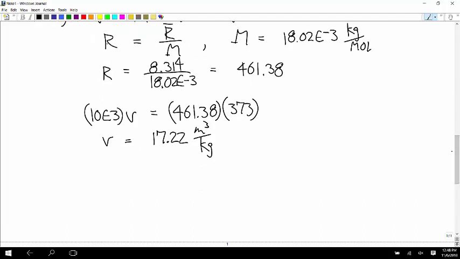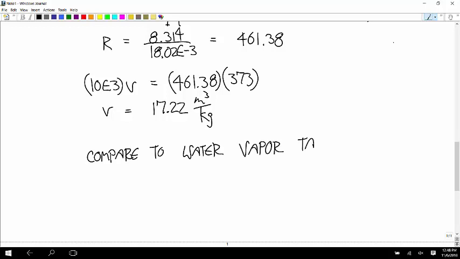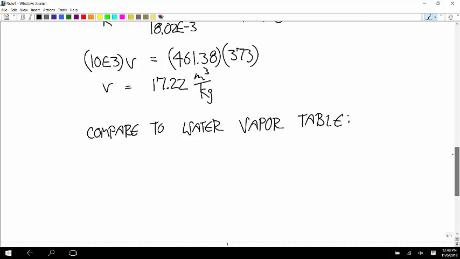And so now we need to look it up in the table and see how close this is. So we're talking about water vapor. Anybody have that? Do you have that table with you? Okay, so just give me some values.